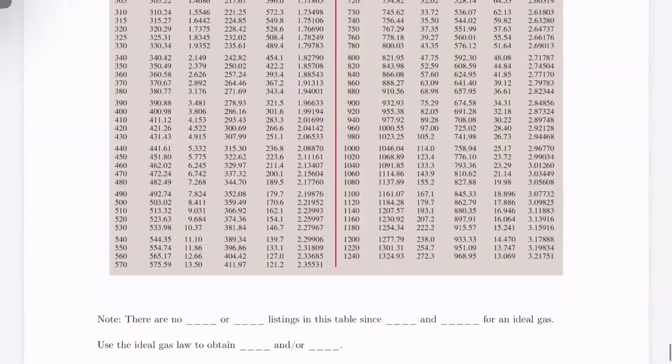So note that there are no P or v listings in this table, since internal energy is a function of only temperature and enthalpy is also only a function of temperature for an ideal gas. So what we do is we use the ideal gas law to obtain P and/or v.